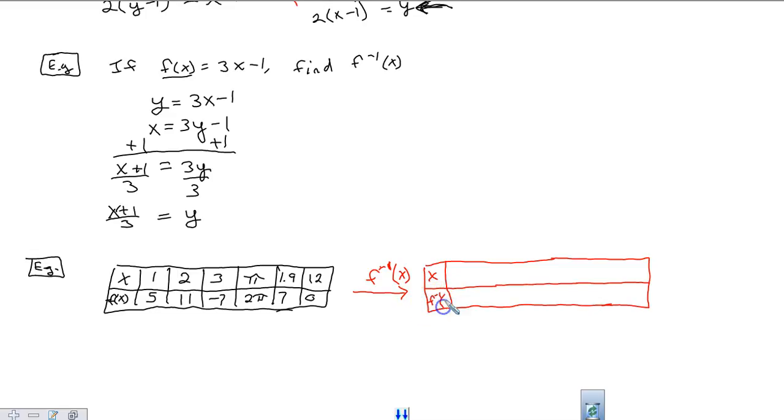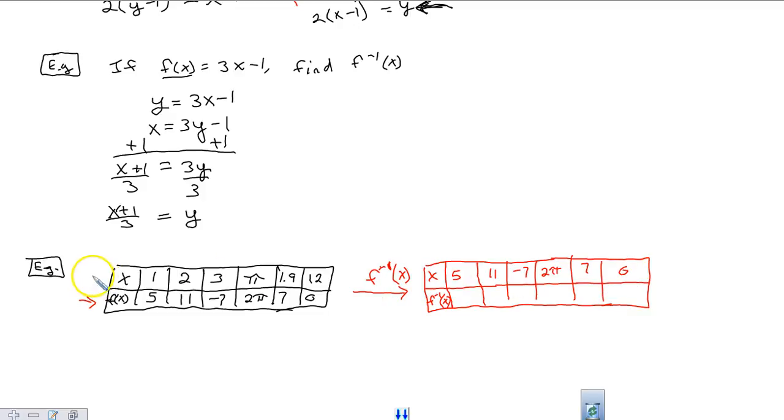So my y values, those are my function values, my f of x values. All of these original function values become the x values for my inverse chart. So 5, I've got 11, I've got -7, I've got 2 pi, 7, and 0.